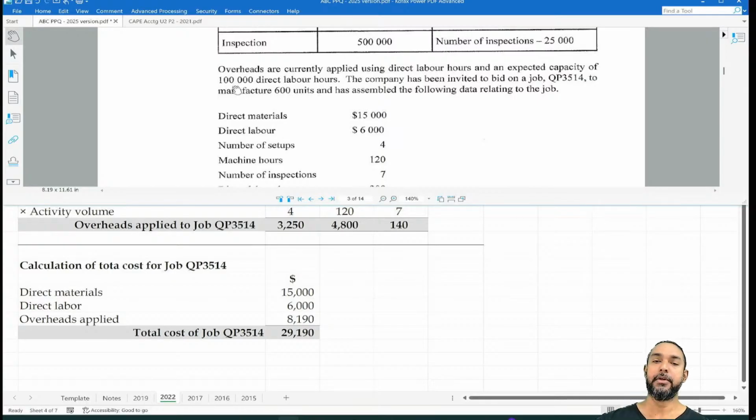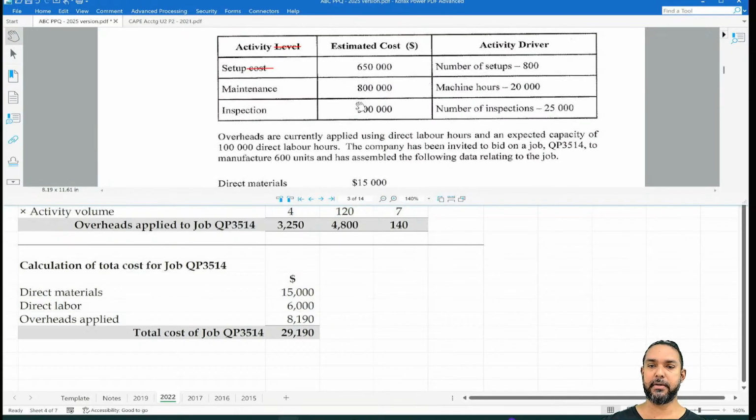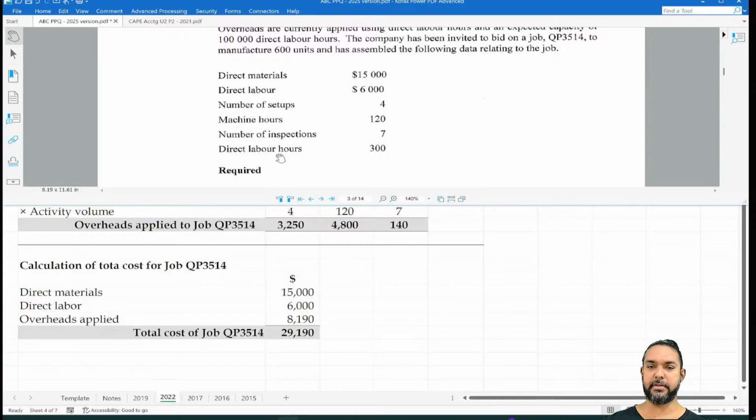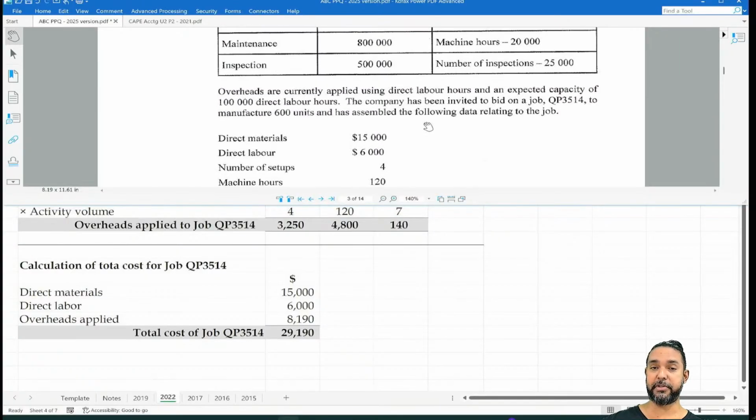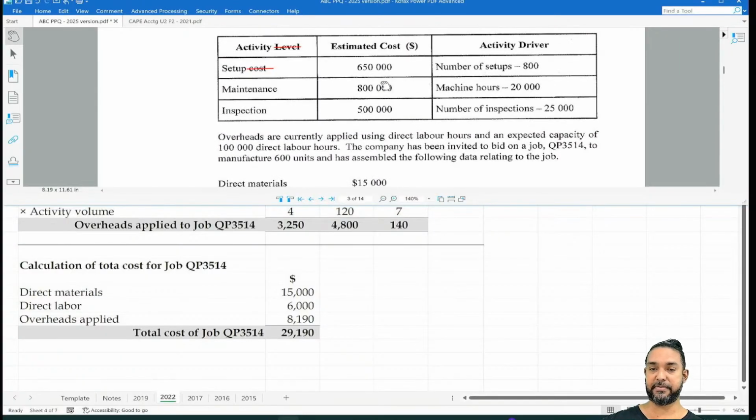Yeah. Okay, yeah. So if we were doing traditional costing, as you correctly said, the direct labor hours is 300. So what we would have done is we would have added 650, 800, and 500, so that's 1.95 million. And we would have divided that by the 100,000.